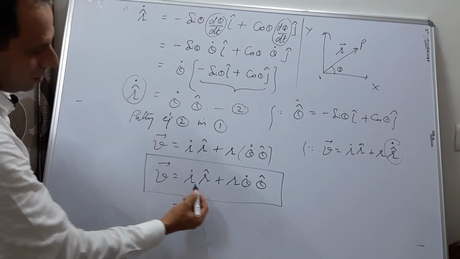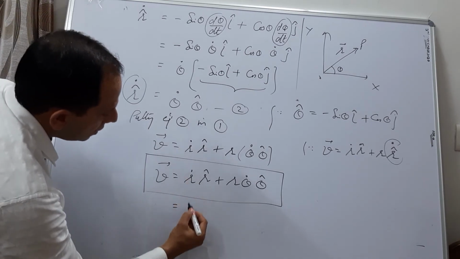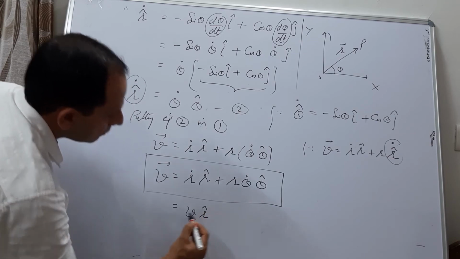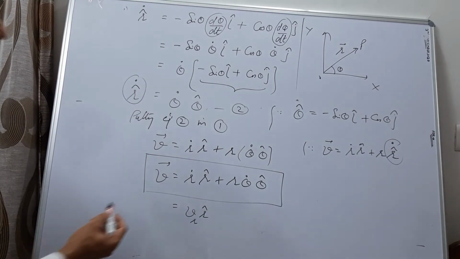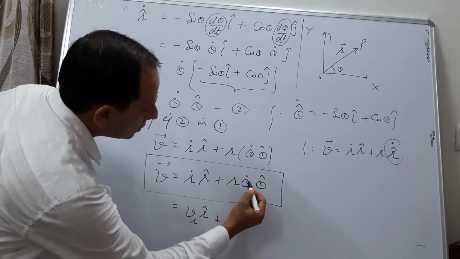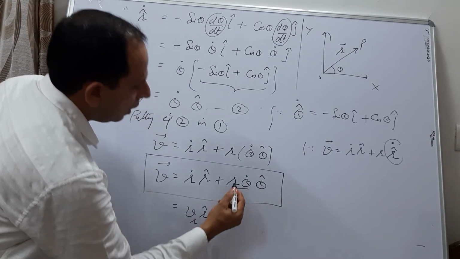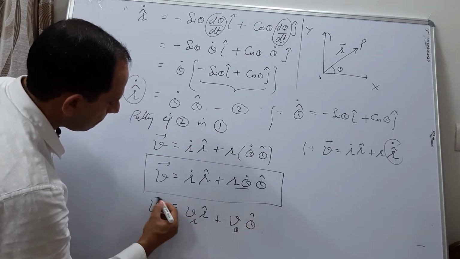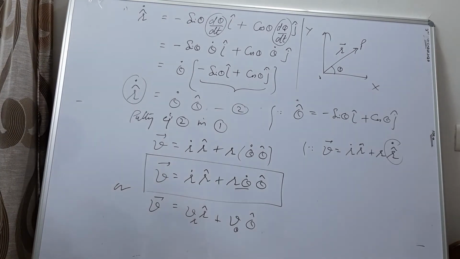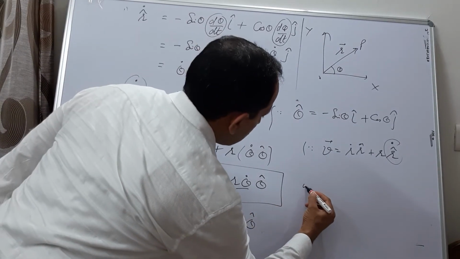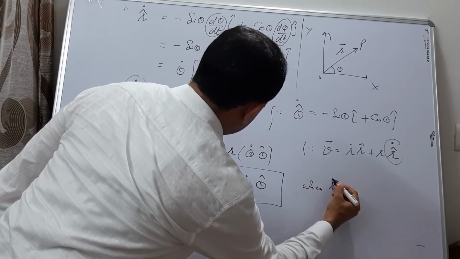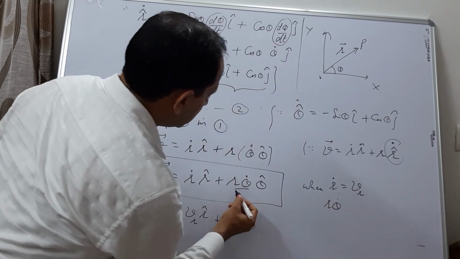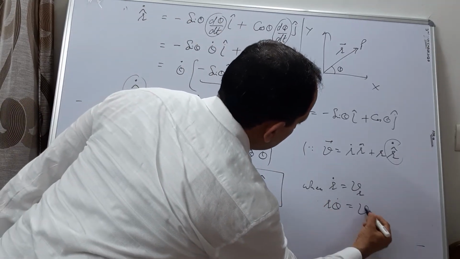We may write, for symmetry, r dot as V r, and the second, r theta dot, as V theta, where r dot is V r and r theta dot is V theta.